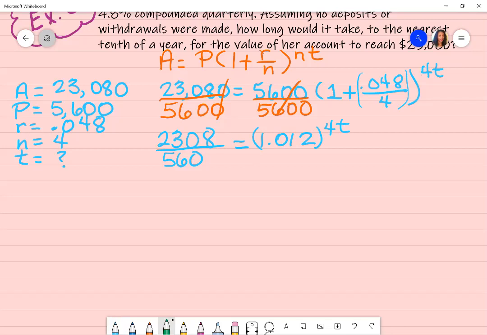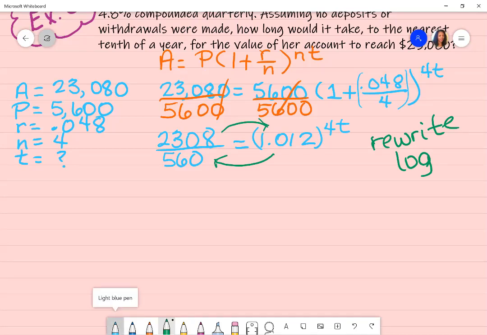So again, this is where students get stuck. You want to rewrite this in log form. Rewrite as log, not natural log because it's not an e this time. We actually have a base. So I am going to take that base and write it in reverse.